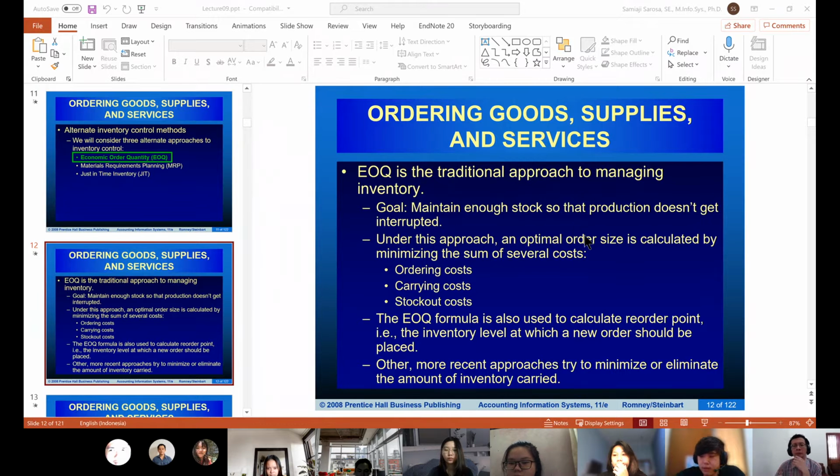So typically, when you purchase materials or inventory and it arrives from the supplier, it will be here. So this is 0. It will be on that level. Okay, and then you use that inventory for production or sell that inventory. So it will go down over time.